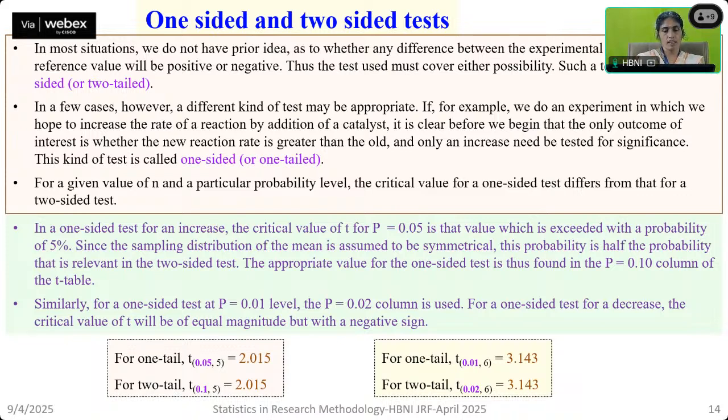For a significance level of 0.1, that means when you go for a two-tailed test, double the significance level, because it is symmetrically distributed on either side. So the value of t corresponding to a particular significance level will match with 2 times the significance level for the respective two-tailed test.